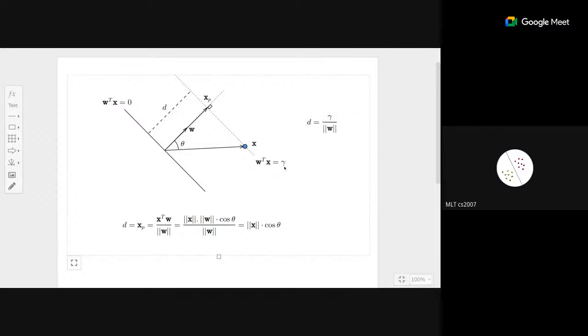Now, I'm going to scale W in the following way. I'm going to divide both sides by gamma. That's not going to change anything. Now, will that change my decision boundary?